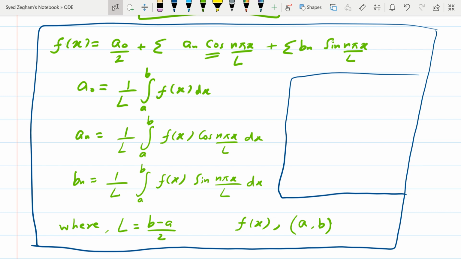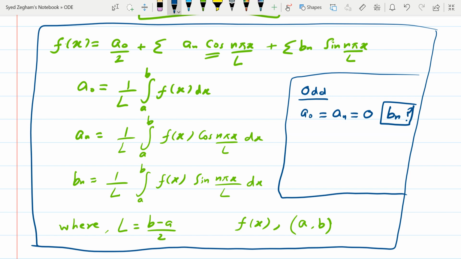Why? The reason is that if the function is an odd function, in this case a naught and a n both will be equal to 0. So your job will be only to find the value of b n.